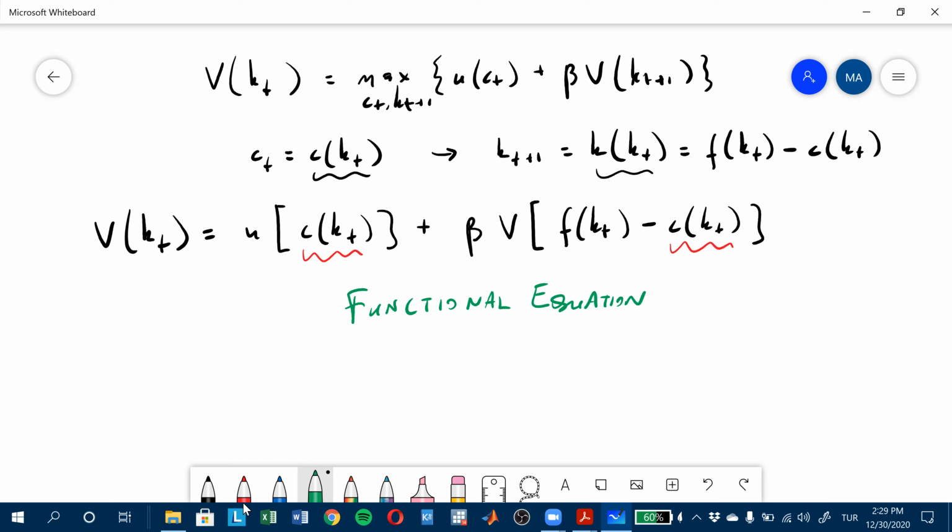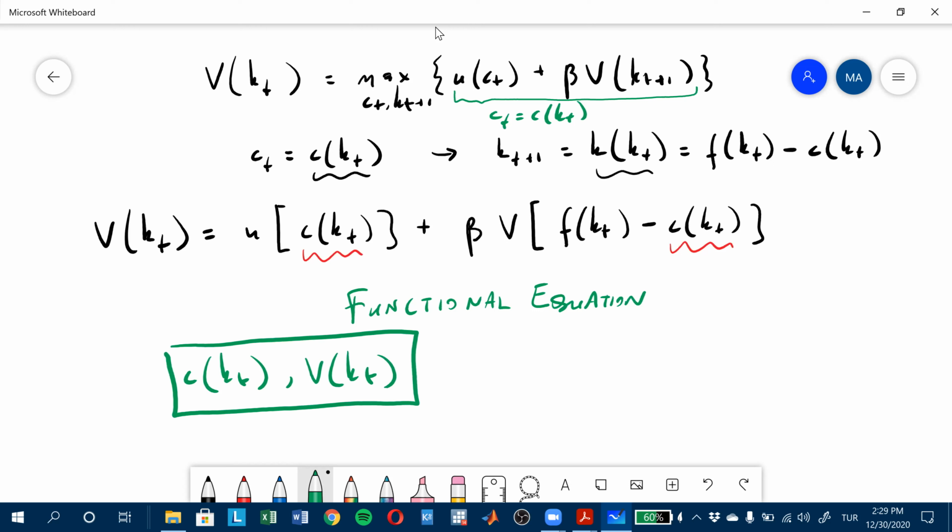Now, if you know C(KT), you can solve this equation for V. Or if you know V, you can solve this part for CT equals C(KT). The problem is that we don't know either C(KT) or V(KT). So both are unknowns.